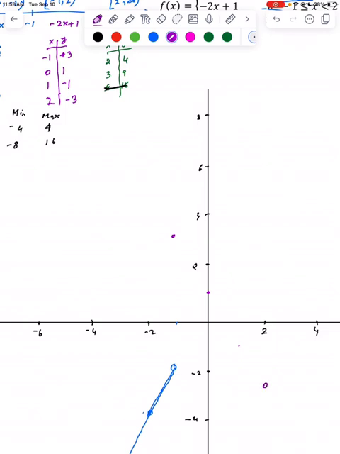So now, somewhere here, just join these points like that. And now we will not have a tail here, because then we are saying it is going below negative 1.